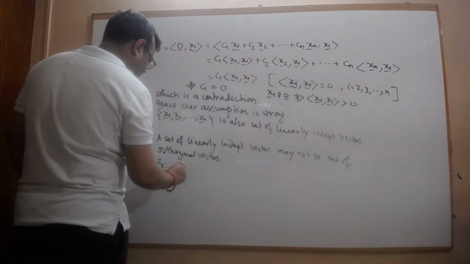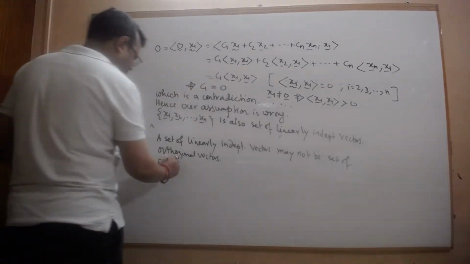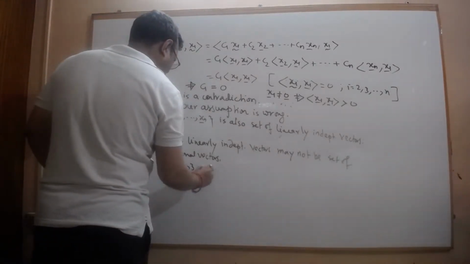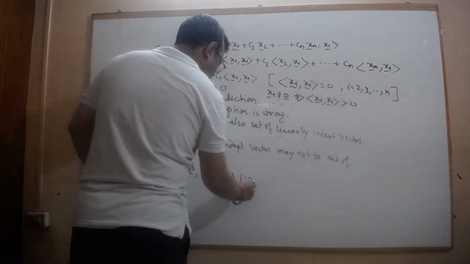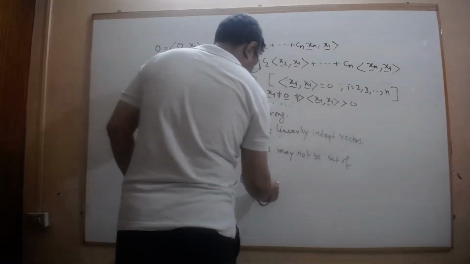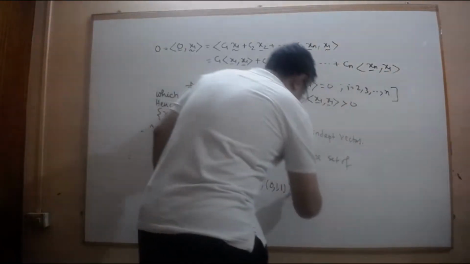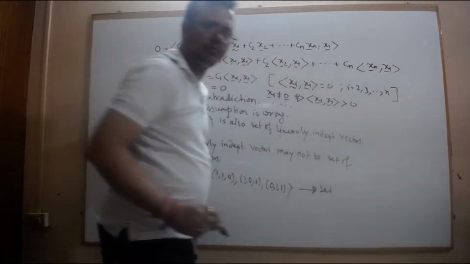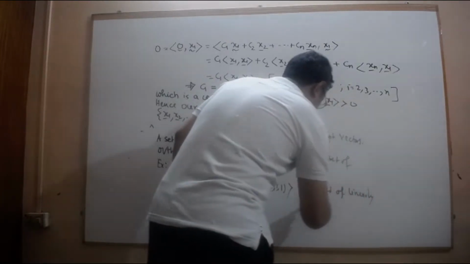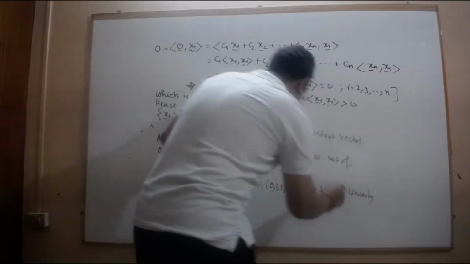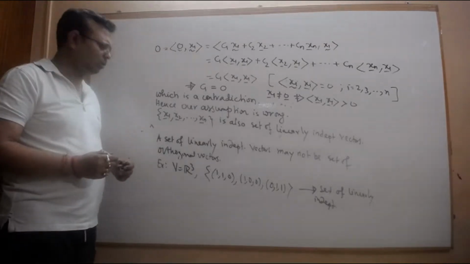you see that if you consider your vector space V equal to R cube, then we see that this is a set of linearly independent vectors, but this is not a set of orthogonal vectors.